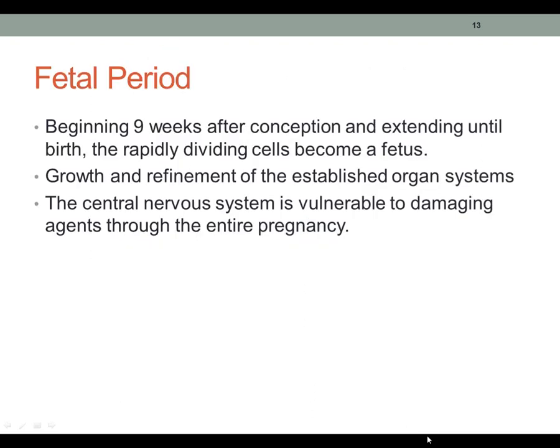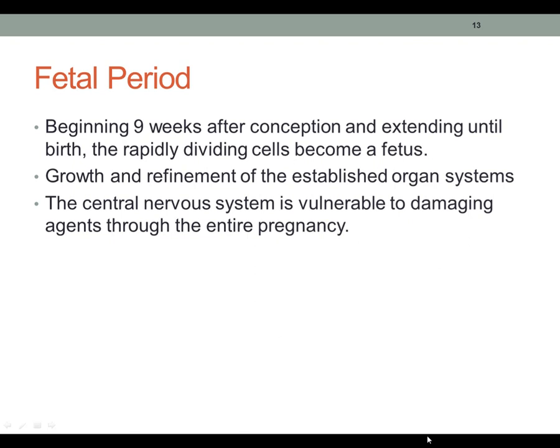Okay, so starting with the 9th week after conception, we have the fetal period. And this is what we call the developing child until they are born. So most of the times we refer to it as the fetus. So that's the correct term that you need to be using after 9 weeks after conception.